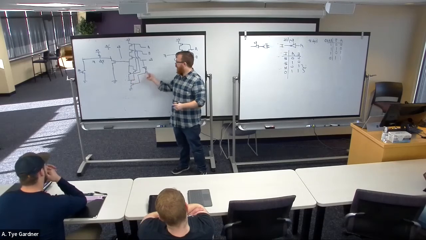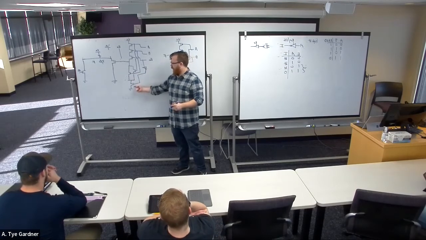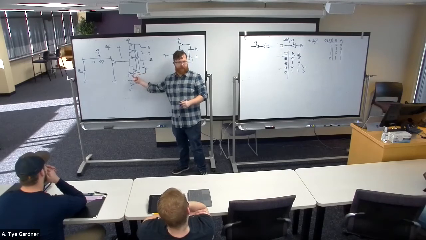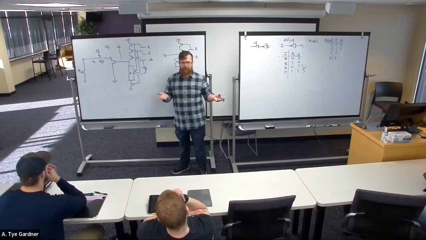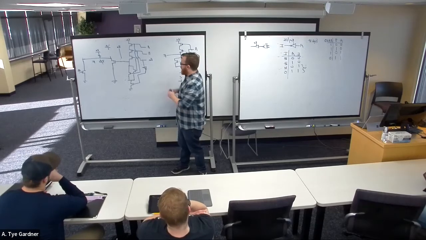And if it's 0, that makes this 1, that's closed, either of those paths will now work. Does this make sense? This is also a way of building an enable.